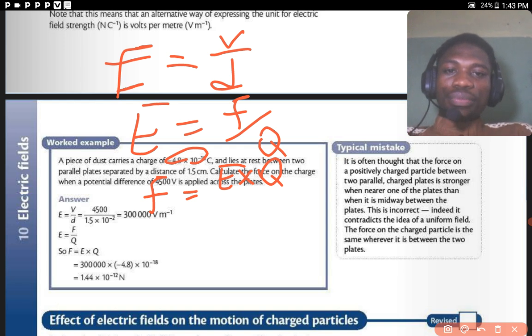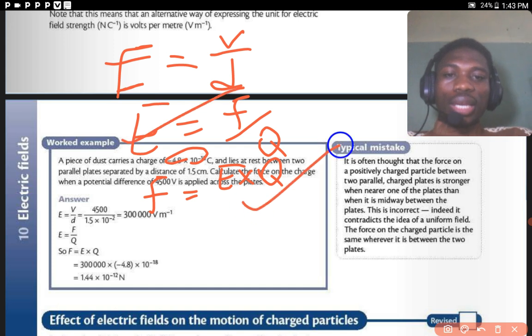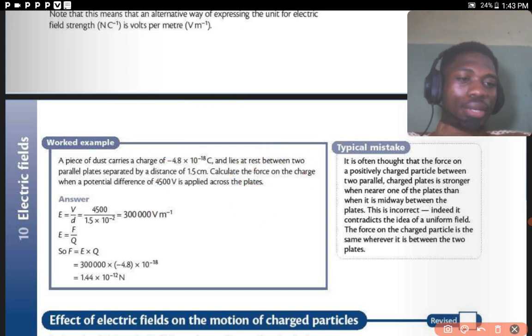So you are going to use these two equations. You use the first one to get E, and then you use that E in the second equation to finalize your answer. That is very good.